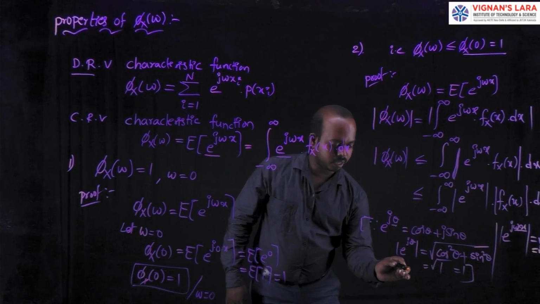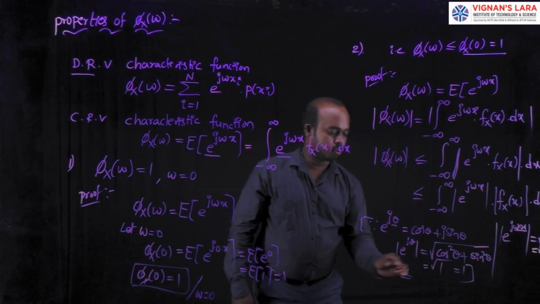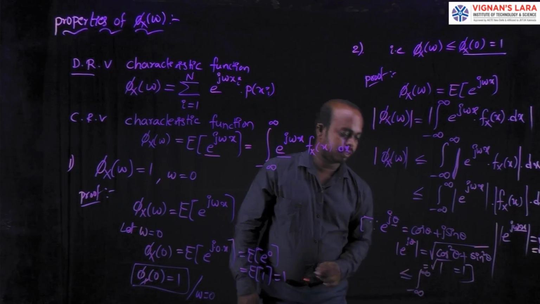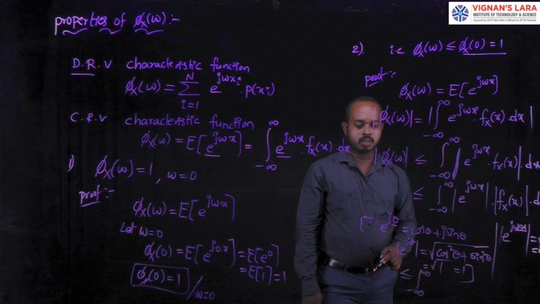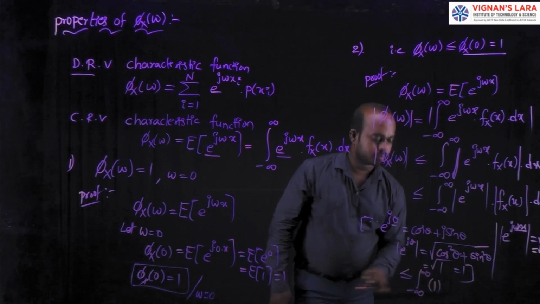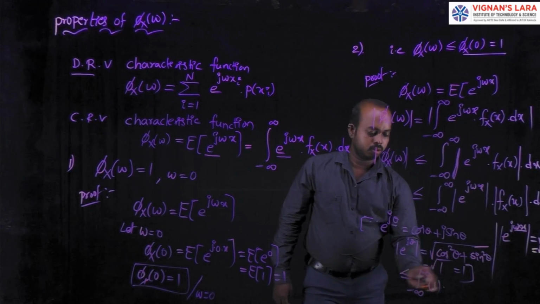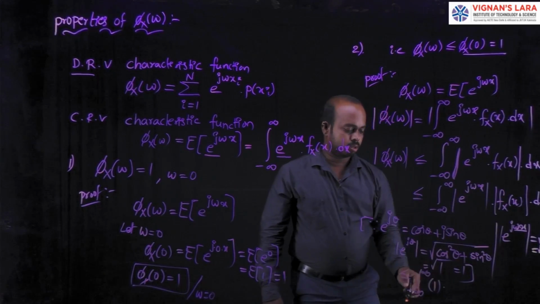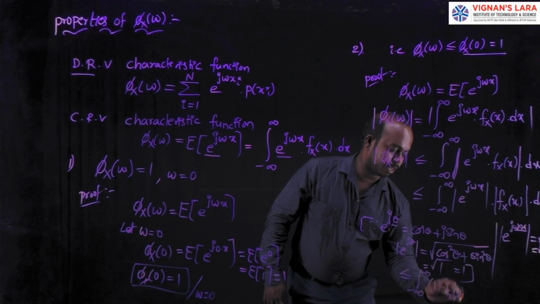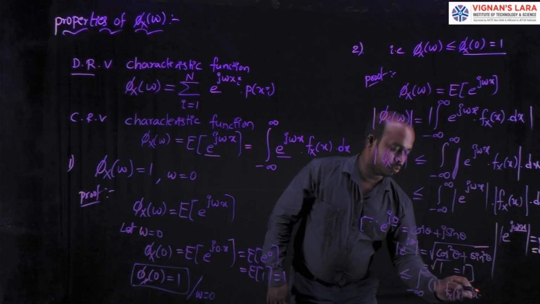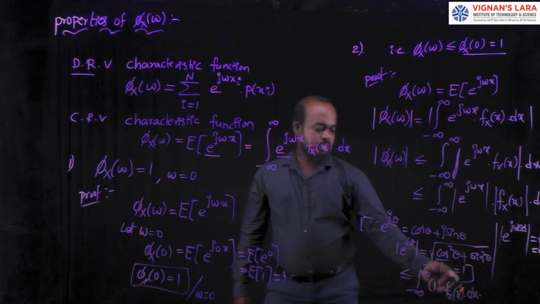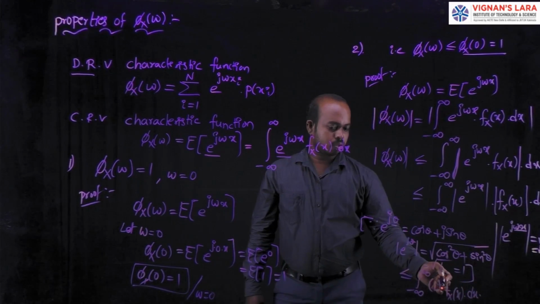Then the equation is less than or equal to the integral from minus infinity to plus infinity of 1 into the density function, f x of x into dx. Multiplying the density function by 1 gives the same function.